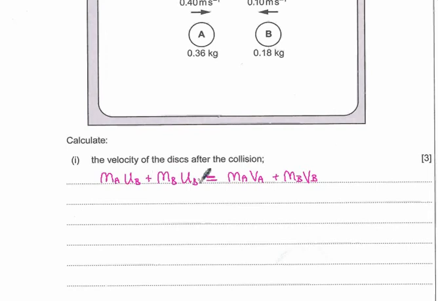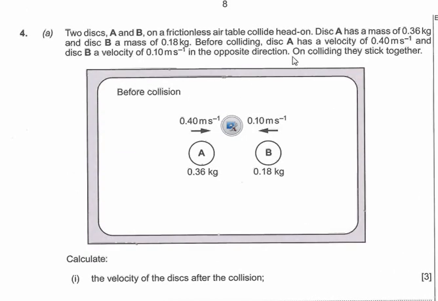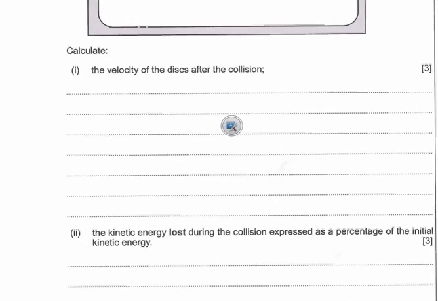I'll just scroll very quickly. Let's go back to the question. We've got this information here. I know it's not very prominent, but on colliding they stick together. So that means it's a totally inelastic collision. So let's get this back up.